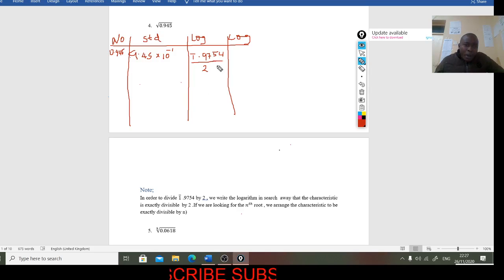Now when you are dividing by 2 and dealing with a negative characteristic, you first of all make this negative. So if I make it -2, I think of what I can add to -2 to make it -1.